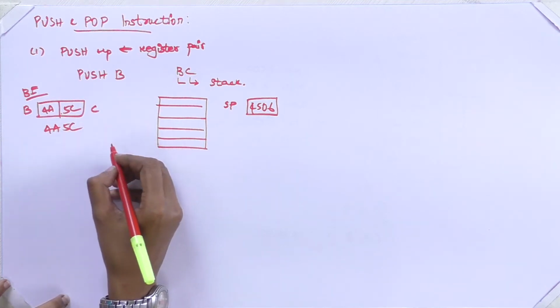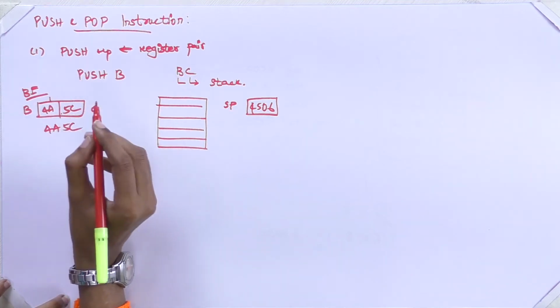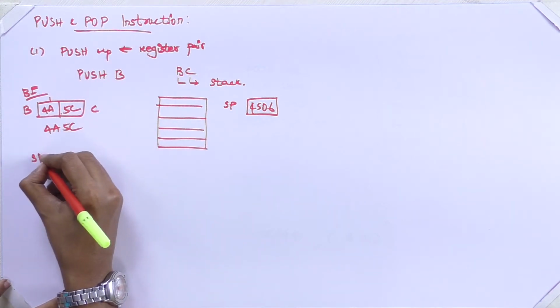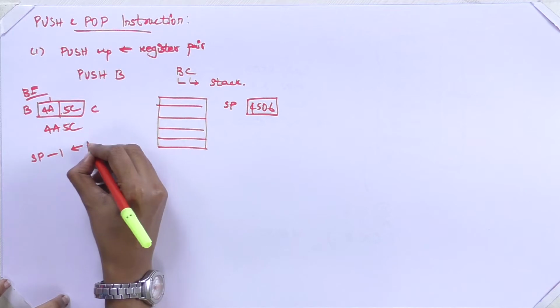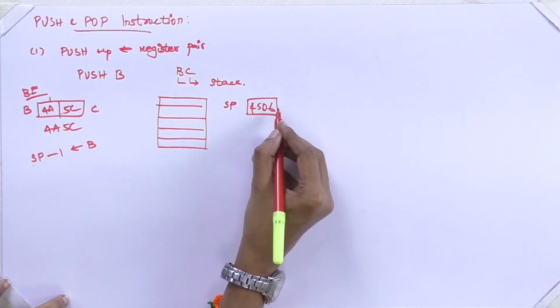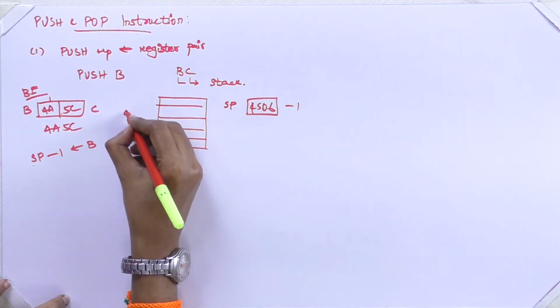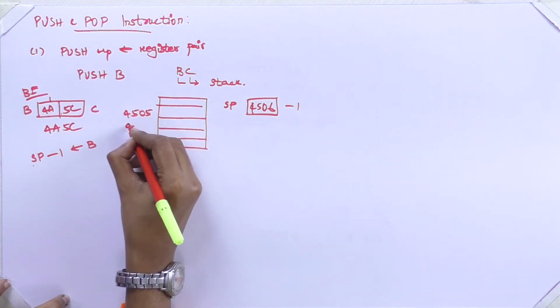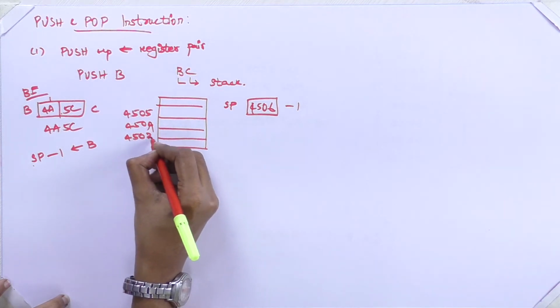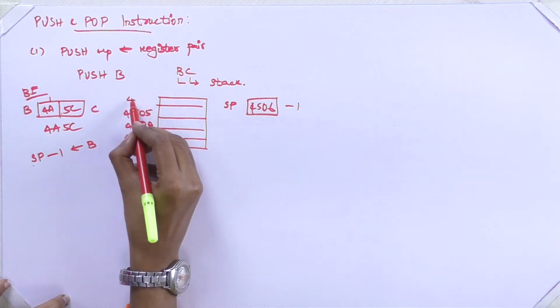What will happen here is, the B value will be stored first. It is stored at SP minus 1. The SP value is 4506, that minus 1 is 4505.